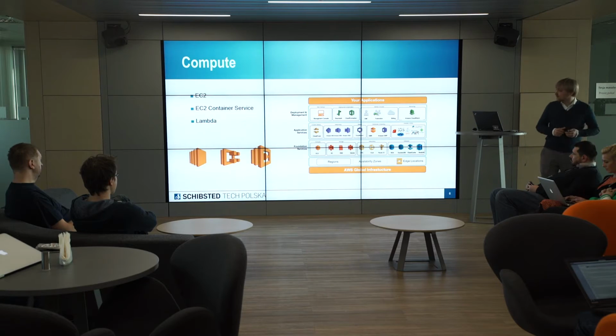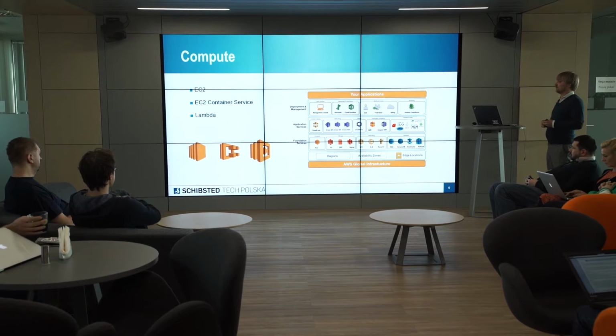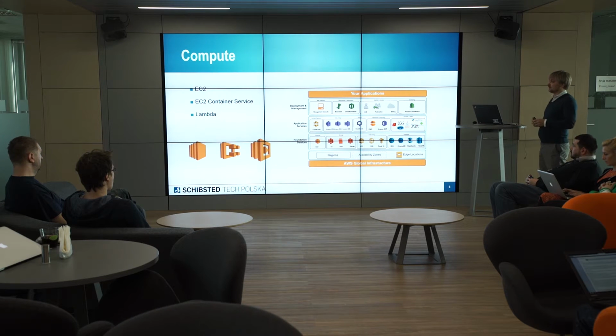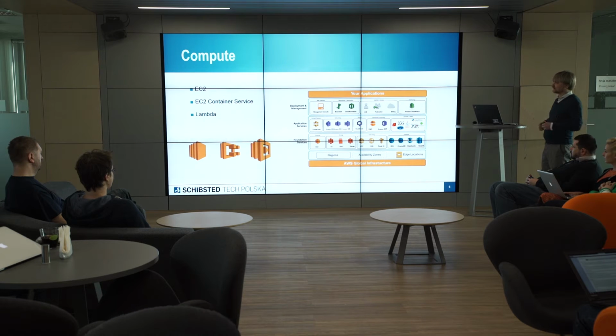With EC2 Container Service, you don't have to set up Docker manually, install Docker manually. You only need to point out which Docker container should be deployed on a particular instance. You choose the instance size. And Amazon simply does the deployment for you.